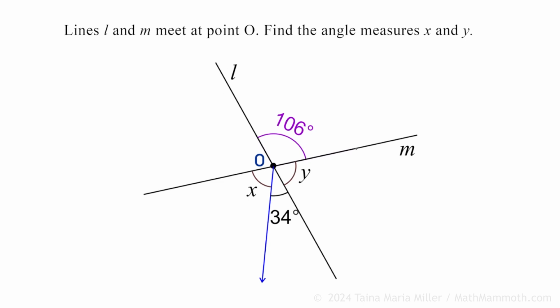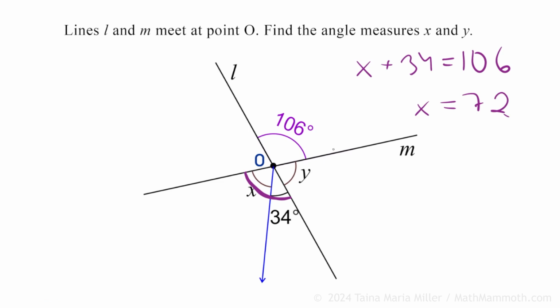It's here, L and M, and it's somewhere else too, right? Because we have L and M intersecting, forming vertical angles. Follow L this way, M this way, so this one here is also 106. So that solves x basically, because now we know that x and 34 together make 106. That means that x is then 72 degrees.